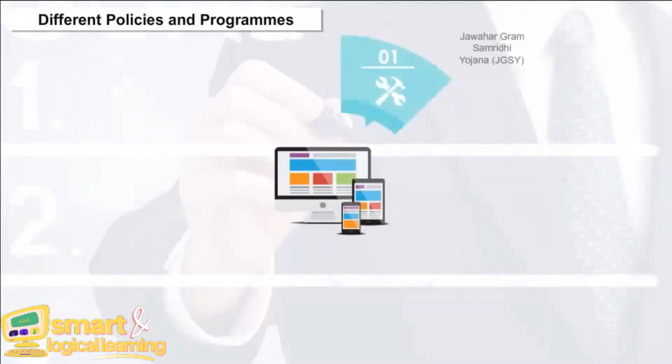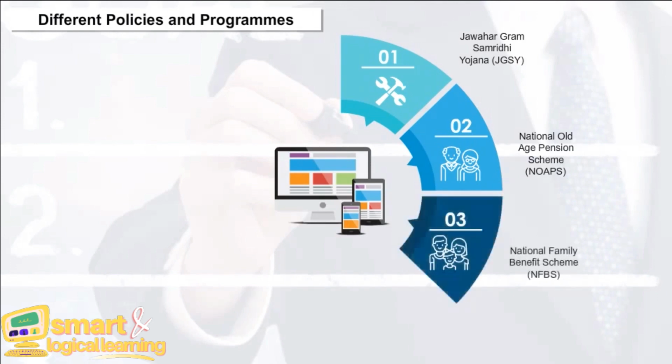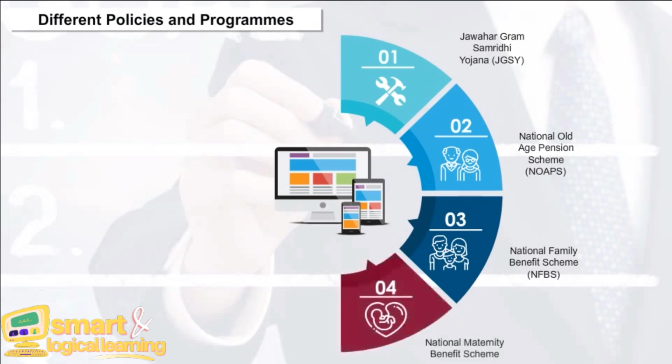They are 1. Jawahar Gram Samriddhi Yojana or JGSY, 2. National Old Age Pension Scheme or NOAPS, 3. National Family Benefit Scheme or NFBS, 4.